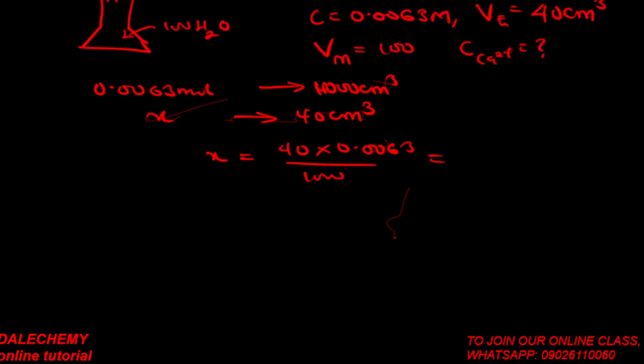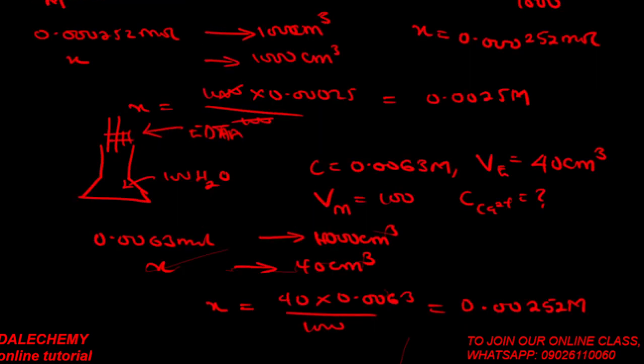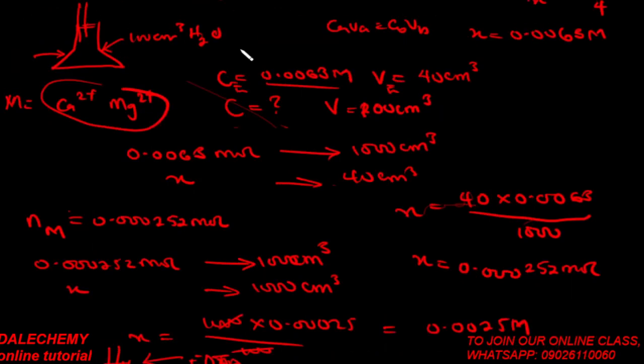So that gives 0.00252. We use the same value here, of course, but you will have gotten a particular value in your question. It doesn't even make sense for me to use this 40, because the amount of EDTA that will react with this water will be different from the one that will react with that water here.